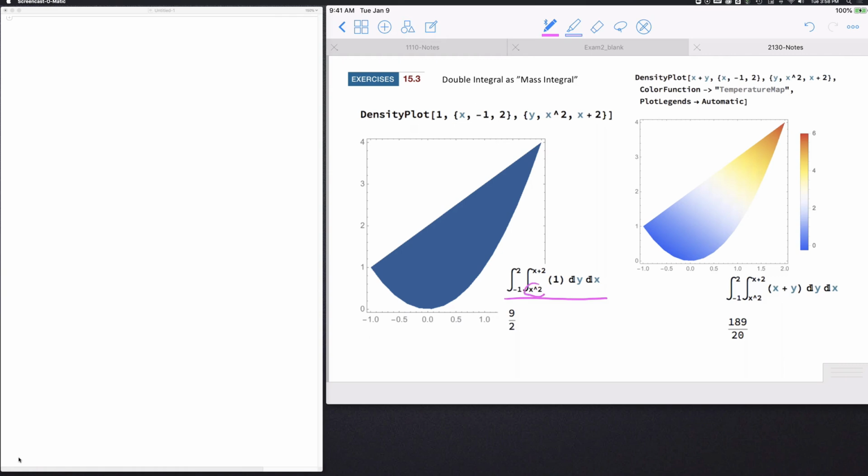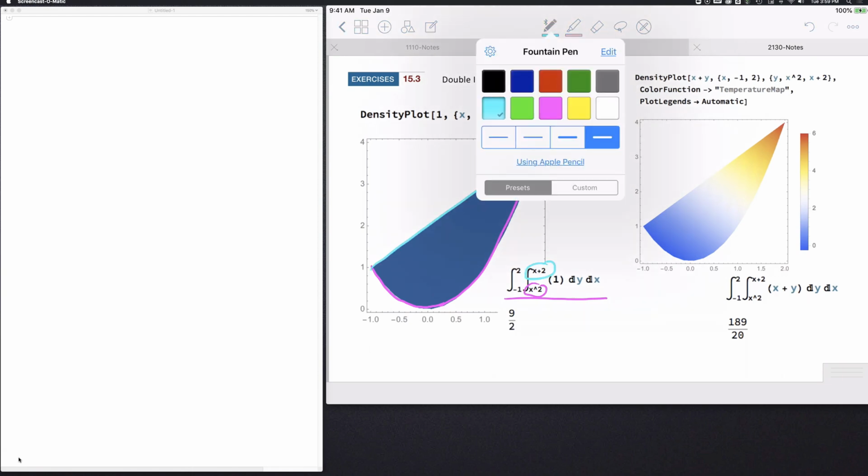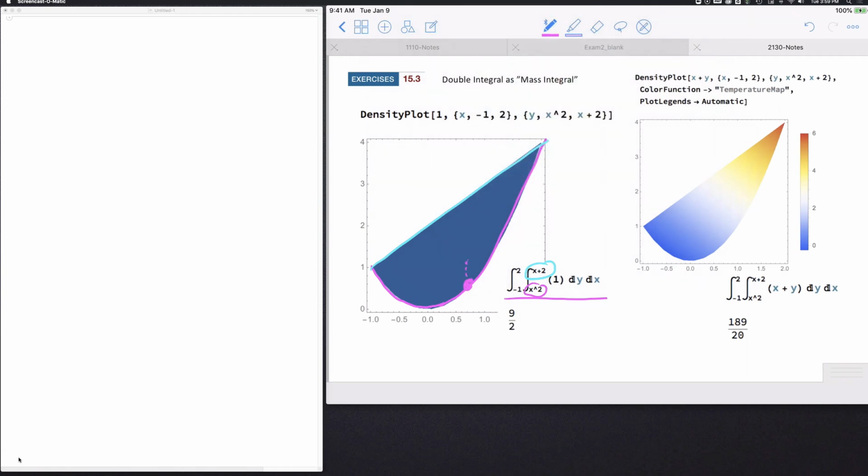We have a parabola on the bottom and a line on the top, so we're going from the parabola up to the line, and x goes from -1 to 2. So this double integral gives the area of the region.